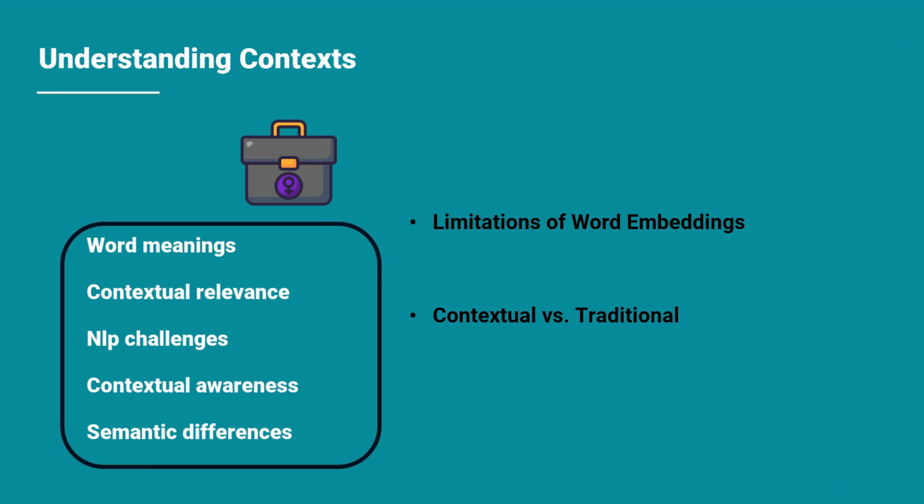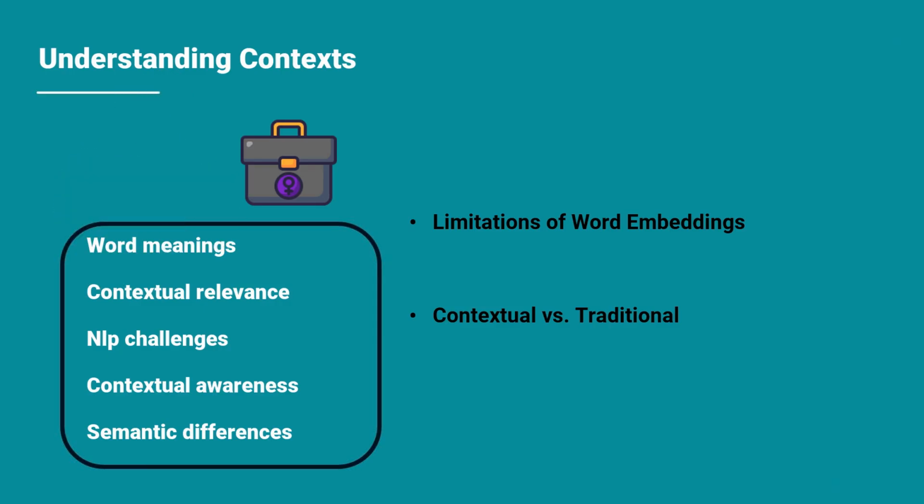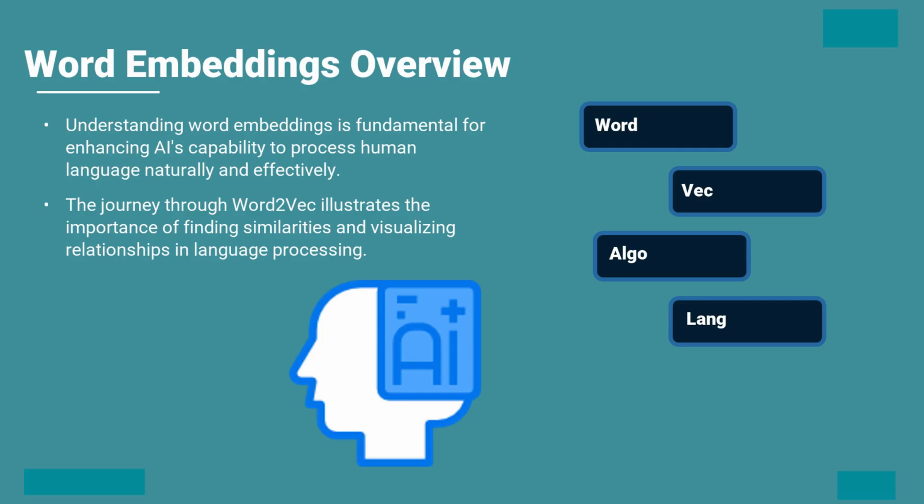While word embeddings like word2vec offer significant benefits in terms of efficiency and simplicity, they may not be suitable for the nuanced understandings required in many advanced NLP tasks. Today, we've dived into the fascinating world of word embeddings and explored how the word2vec algorithm constructs these vector representations of words.